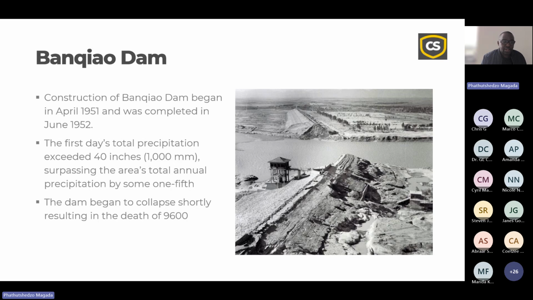The first day's total precipitation exceeded 1,000 millimeters, surpassing the area's total annual precipitation by some one fifth. The dam began to collapse shortly after, and 9,600 lives were lost due to the dam failure and collapse.